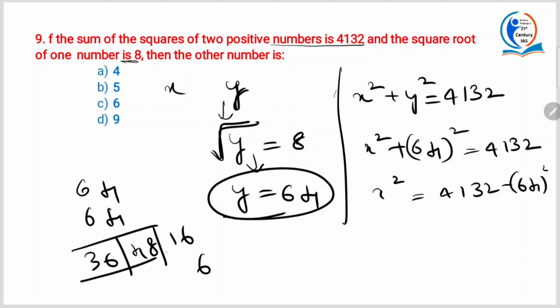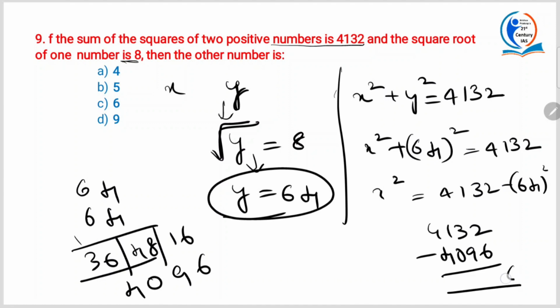So it is 4096. Okay. So 4132 minus 4096. 12 minus 6 is 6, 13 minus 9 is 4, then you will get 0. So 36. x square is 36. So x is 6. Alright.